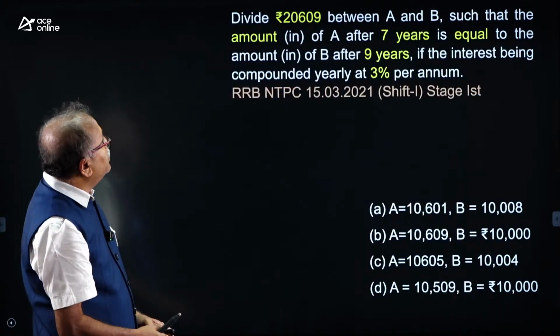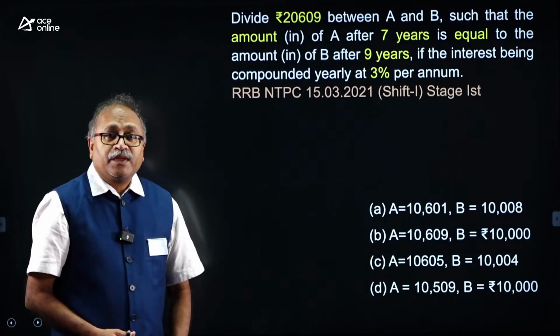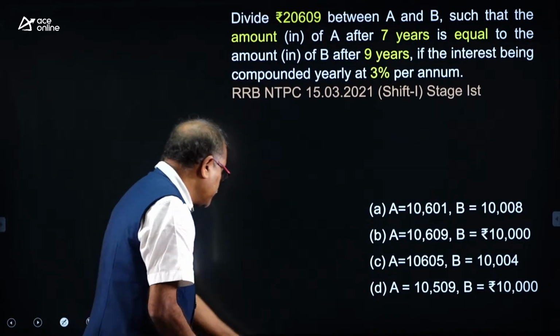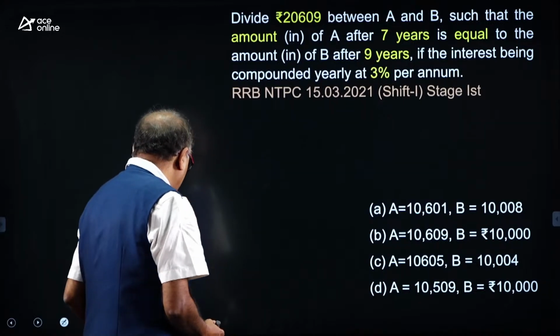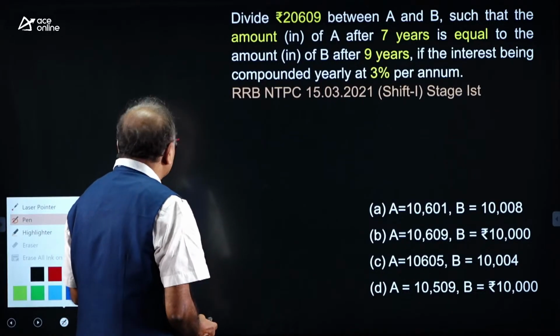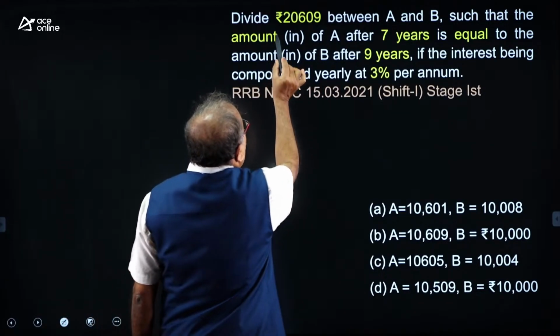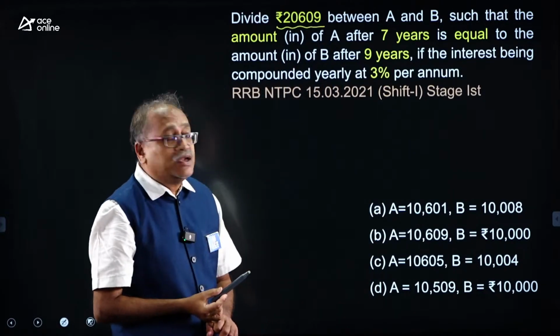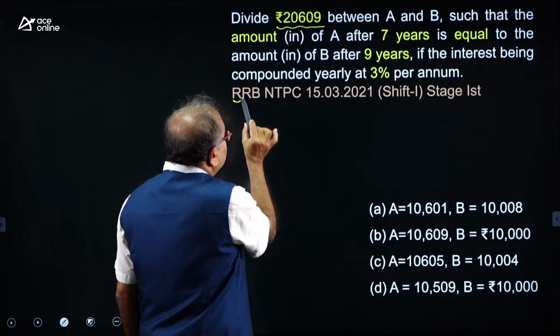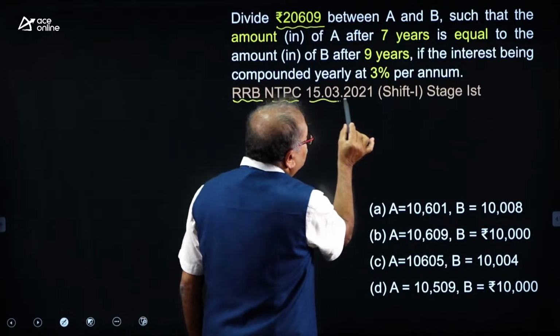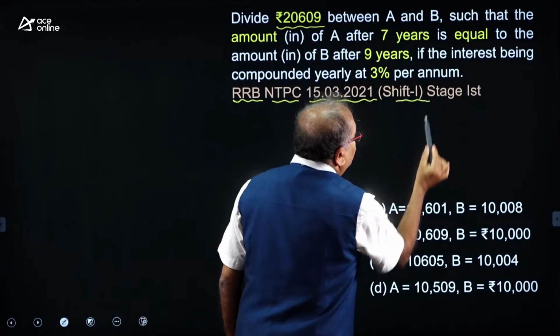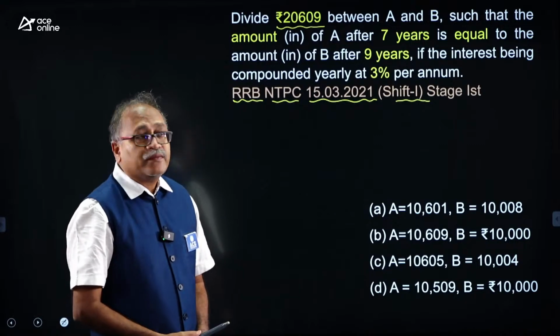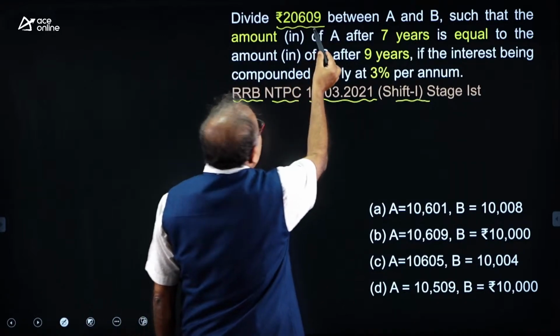I am moving on to the next question, and this is your next question. And what is this? Divide rupees 20,609 between A and B. I am discussing this RRB NTPC question, conducted on this date in this shift.